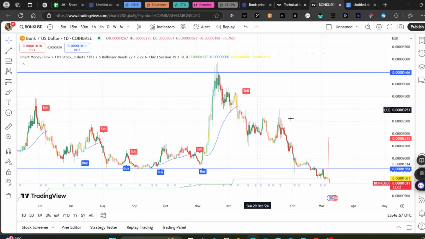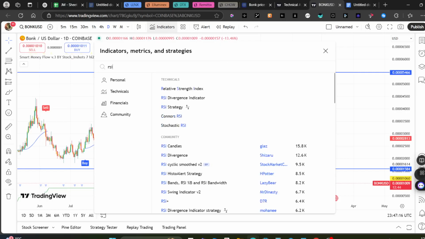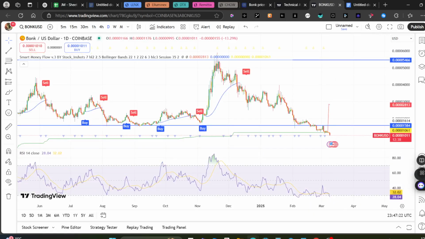All right. Now we can also use this indicator for confirmation. You can use the smart money flow in conjunction with other tools like support and resistance, or the RSI confirmation. Okay, so you can use the relative strength index for confirmation.